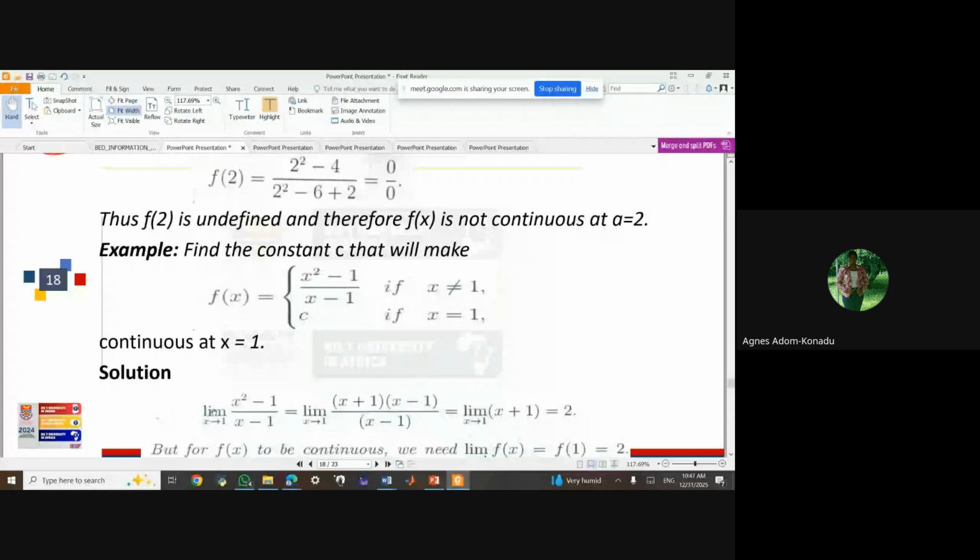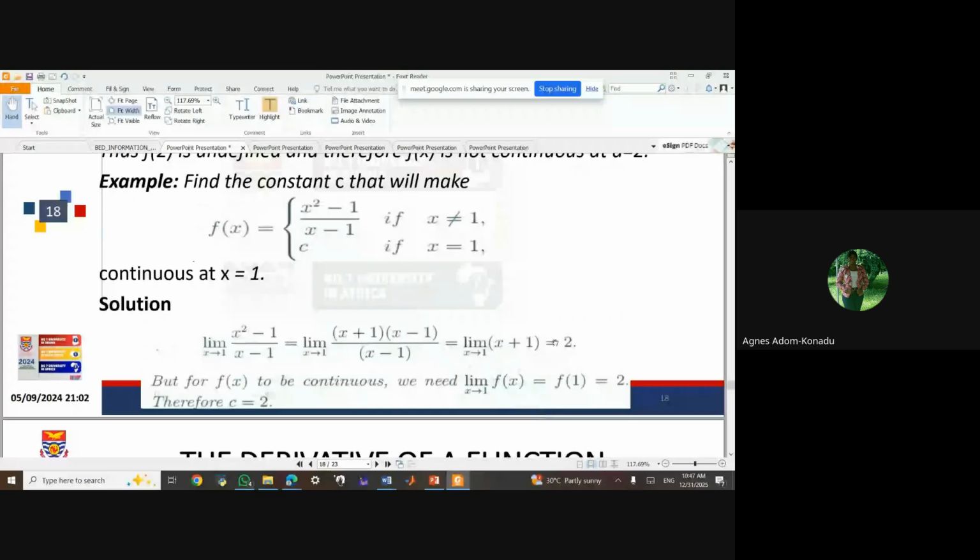So I look at the limit as x approaches 1 of x squared minus 1 over x minus 1. To simplify, x squared minus 1 is the same as x plus 1 times x minus 1, all divided by x minus 1. So x minus 1 will cancel. Then I have the limit as x approaches 1 of x plus 1, which is equal to 2. And that constant I'm looking for is the value 2.